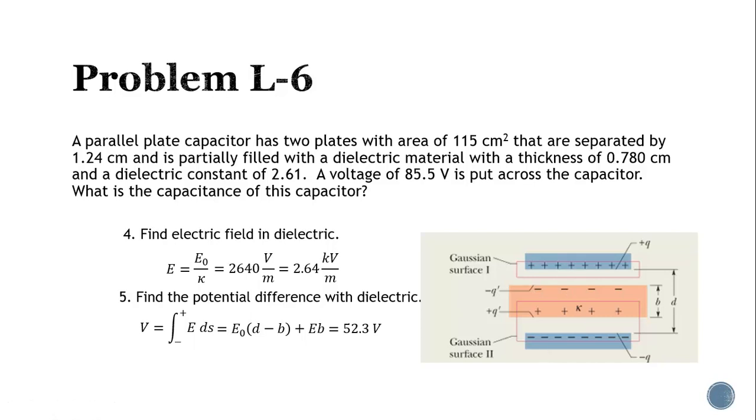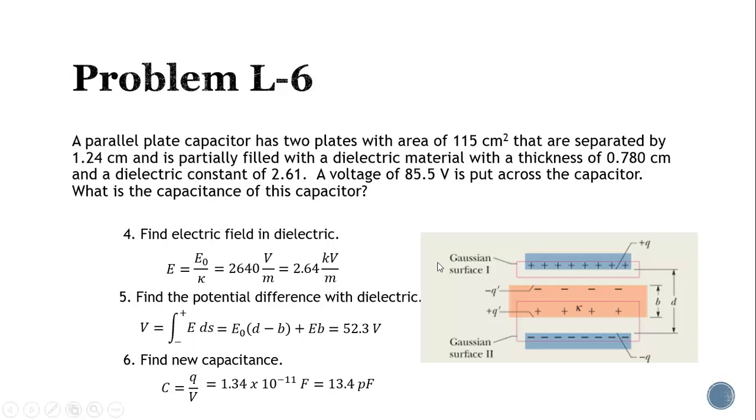And so you get 52.3 volts, which is certainly less than the original voltage. And then find the new capacitance. There we go, 13.4 picofarads is the new capacitance.